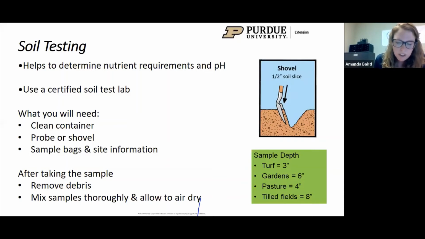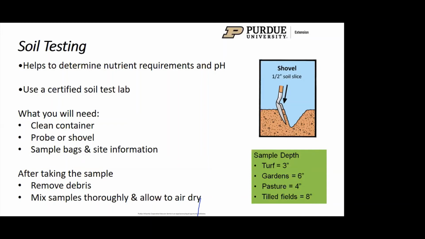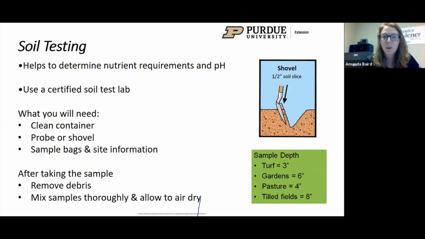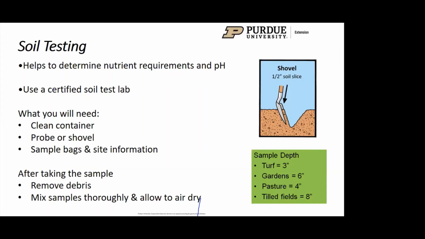Now, for example, let's look at if we were going to take a soil sample in our garden. We would need to have a clean container, so a bucket. We can also have a soil probe, and in most cases, you should look to your extension office. Sometimes they do have soil probes that you can borrow, but if you don't have a soil probe, you can just use a shovel. So we would take our sample core, so we would take our sample in our garden at a depth of about 6 inches.